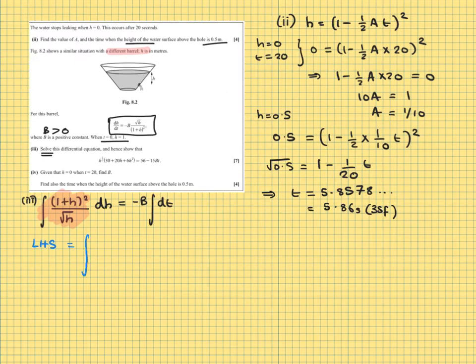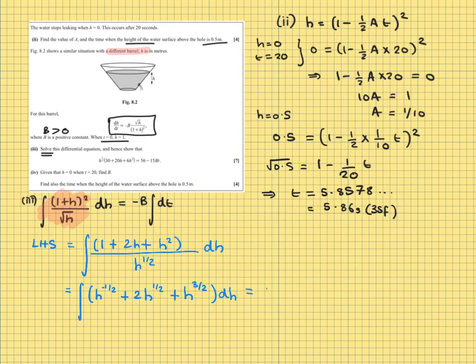We're going to expand the numerator, so 1 plus 2h plus h squared, and we're going to rewrite the denominator as h to the power of a half. We'll divide every term in the numerator by h to the half, so h to the negative a half, plus 2h to the power of a half, plus h to the 3 over 2, all being integrated with respect to h, and we can then carry out the integration.